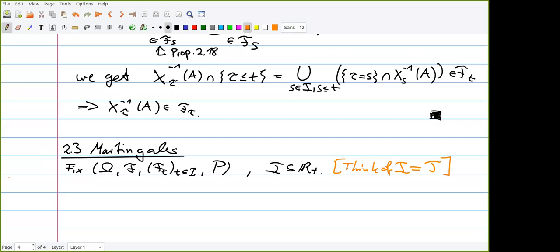Okay. So let me directly start, before coming to examples, with the fundamental definition of a martingale. Definition 2.26.